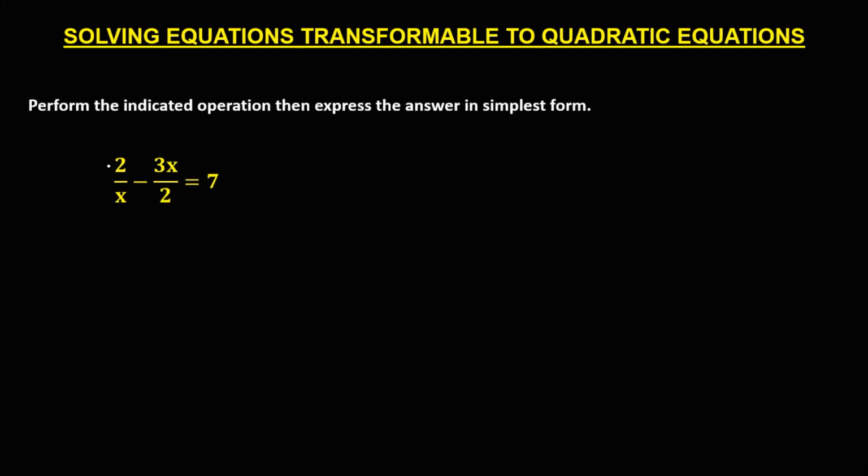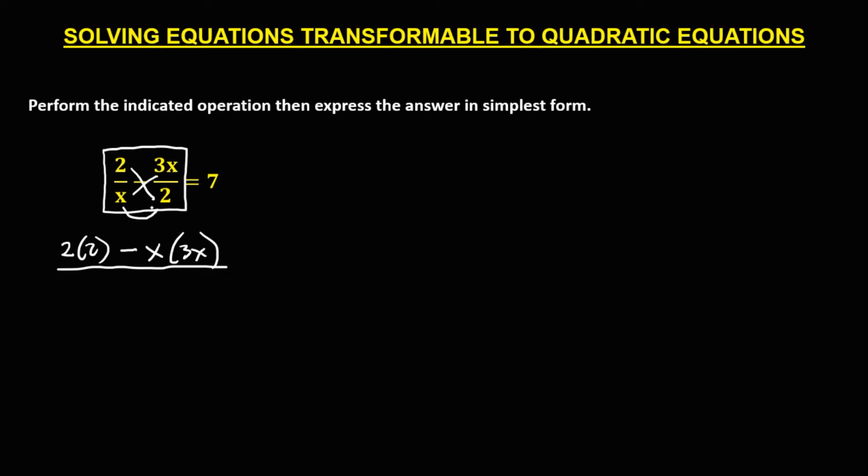Then for this given, again, we need to simplify this one first. So using cross multiplication, we have 2 times 2, minus x times 3x, over x times 2, equals positive 7.